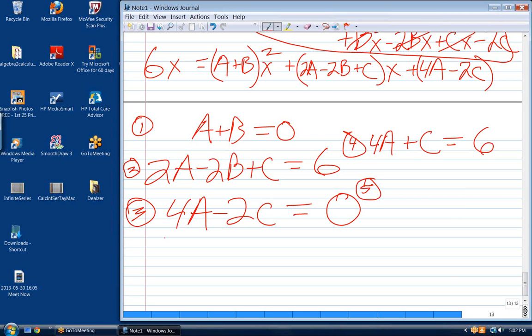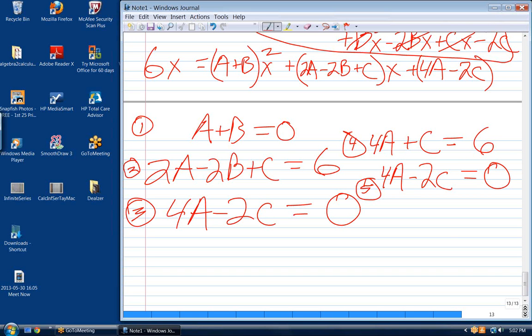In fact, I can use equation 3 directly as my equation 5 because I've eliminated the b from equation 3 already. So my equation 3, or my equation 5, so to speak, is this.